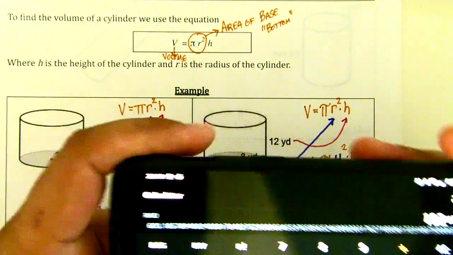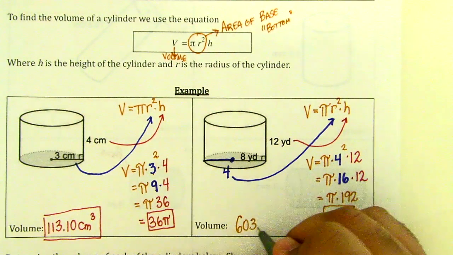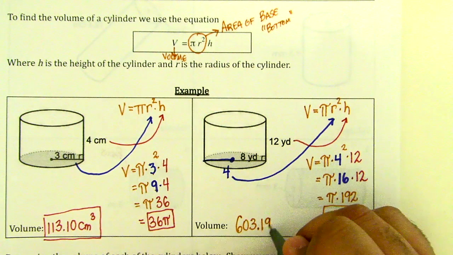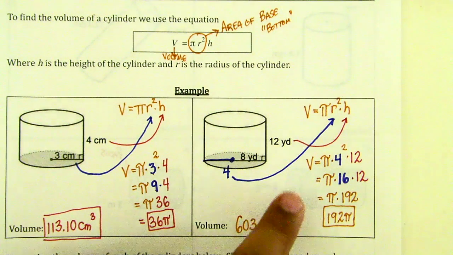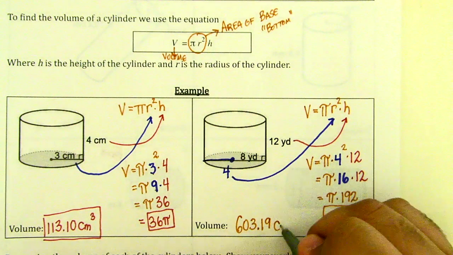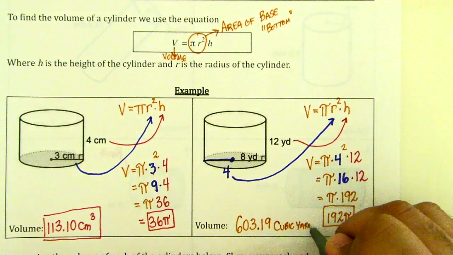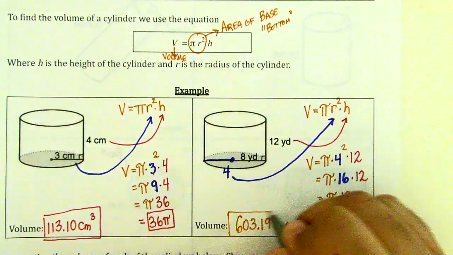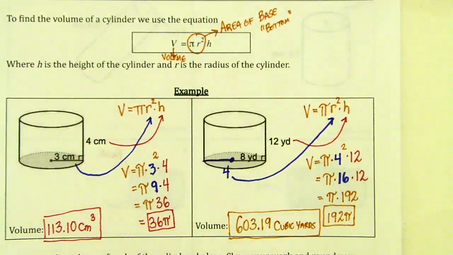So 603.19. And remember, our answer is not complete until we actually write in those units, right? I'm seeing a lot of people that forget to write their units in, right? So my units in this case were yards, so I can write it like this, or you can actually write out the words cubic yards. So I'm writing it both ways for you. And that's our final answer there, right?